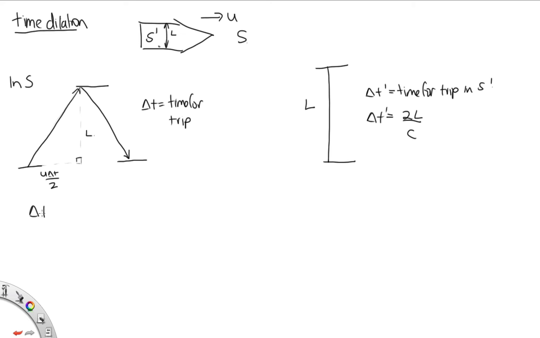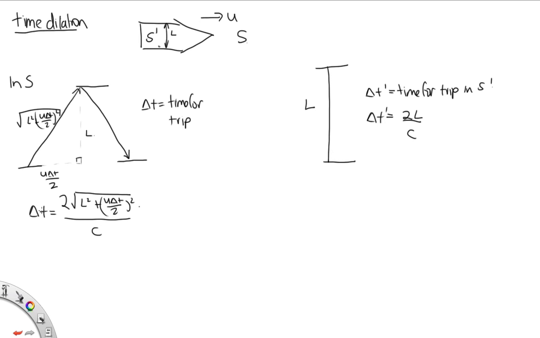We've got delta t is equal to the distance travelled by the light. This length is the square root of L squared plus u delta t on 2 squared. So this is equal to, we've got two of them, it has to go there and back, so 2 times the square root of L squared plus u delta t over 2 all squared, all over the speed of light.